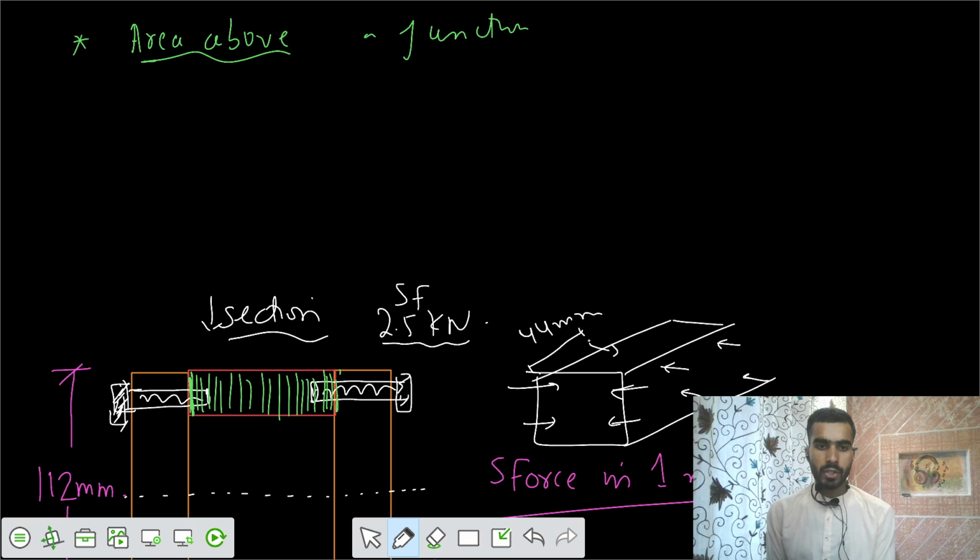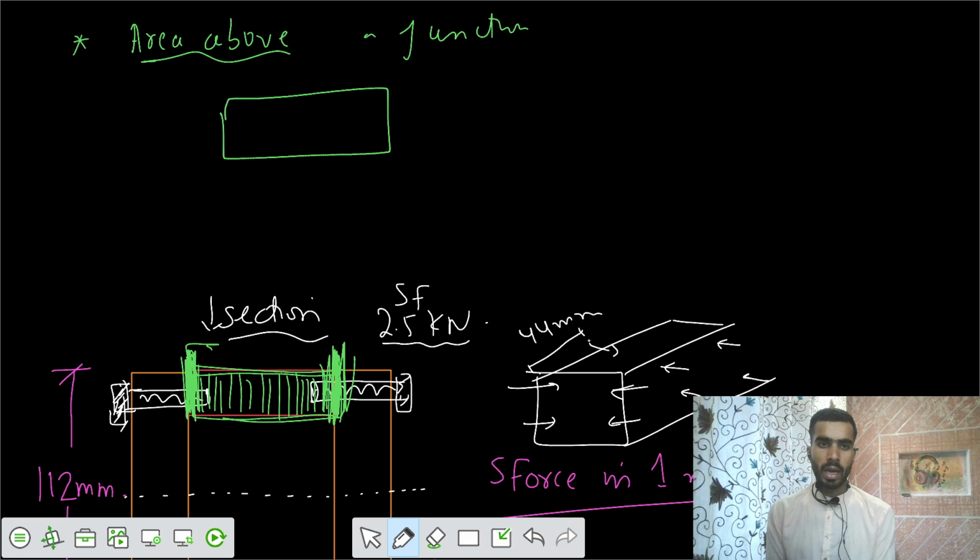If I get the value of shear flow for this area at the junction, then I can get the shear force or shear stress in the bolt.